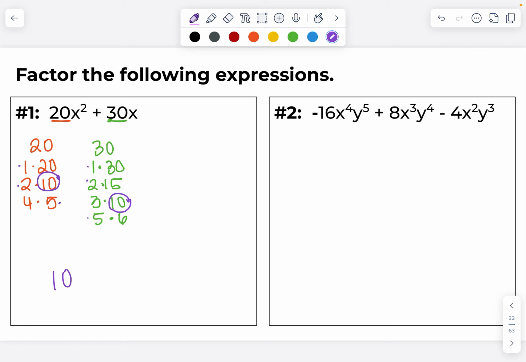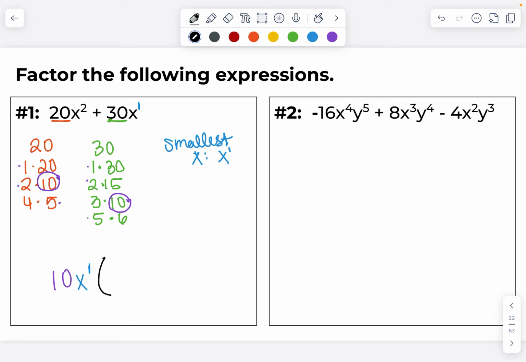Now, the next step is looking at my x's. My smallest x is going to be just an x, because my exponent here is going to be x to the 1st. So I'm going to pull out an x to the 1st.